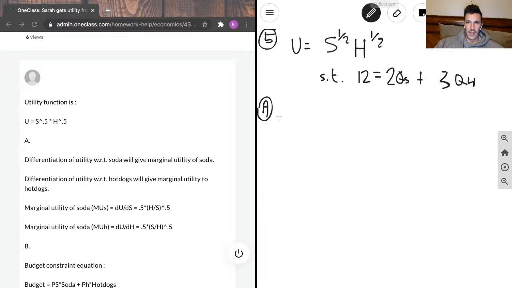So in this case, the marginal utility of soda, MUS, is going to equal the derivative of utility with respect to soda. That little backwards d is the partial derivative.